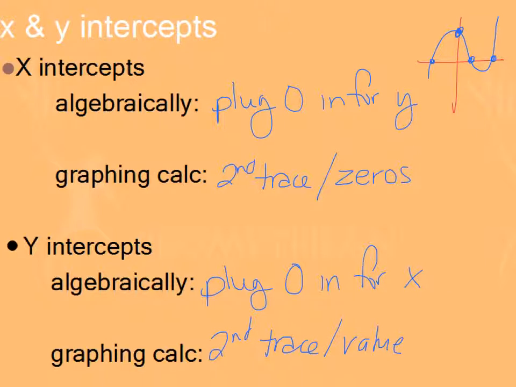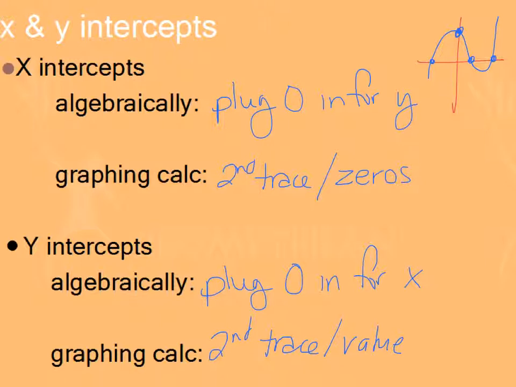And all you do is you type in whatever x value you want, and it'll shoot you back the y value. So in this case, you would plug 0 in for your x value, and it'll shoot you back what the y value is for that, which would be then your y-intercept. Now you can also go to your table if you want, and if you're familiar with the table, that's another place to find where the x is 0 and the y value that goes with it.